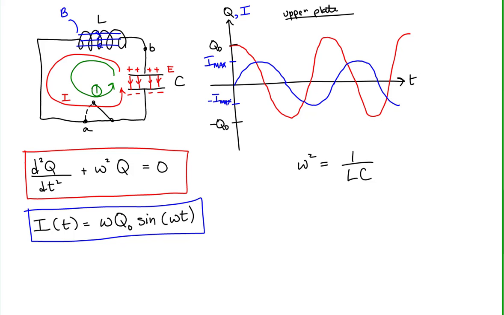That was because, for equations in this form that we found before, we know that the coefficient in front of charge is the square of the angular frequency. So angular frequency is equal to 1 over the square root of the product of the inductance and the capacitance.